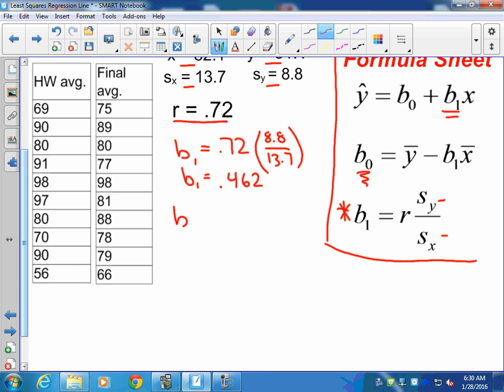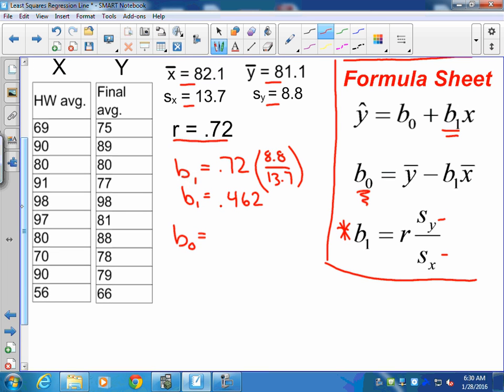So we're going to plug in what we know into that formula. b sub 0 equals y average minus our slope times the x average, because remember, we know that the least squares regression line goes through the average of x, average of y. And that will get us our y-intercept value of 43.17.